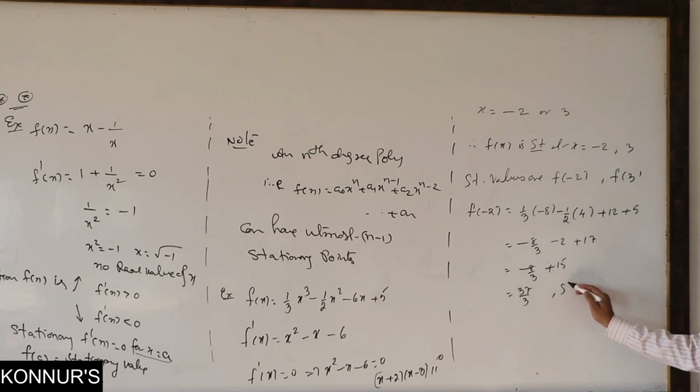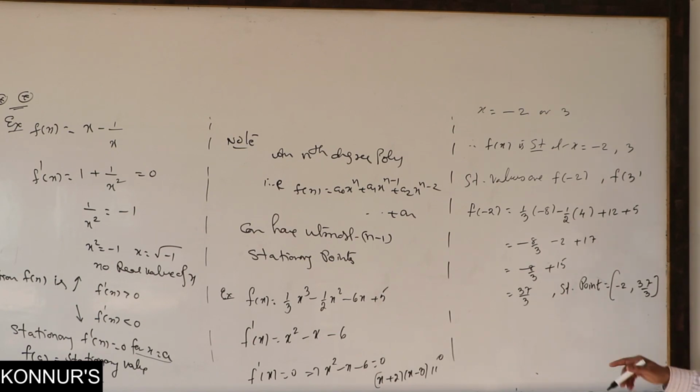With this, what is a stationary point? It means a comma f of a, x coordinate, y coordinate. Every stationary point decides increase, decrease, and at the same time maximum, minimum. That we didn't write. Next, how to find maximum minimum.